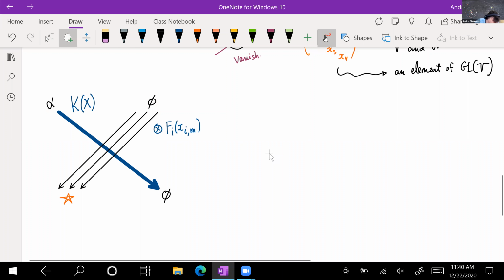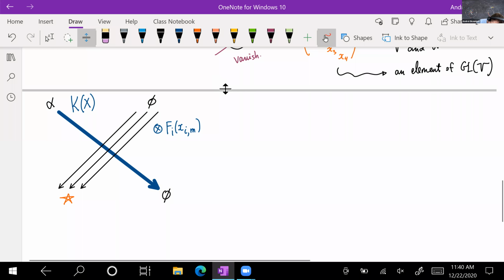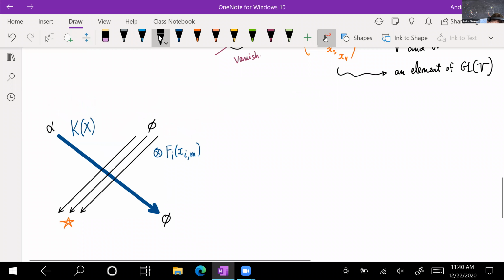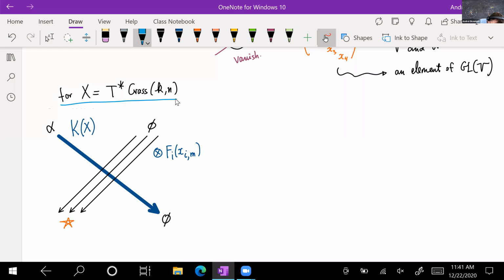So now for x equals T star of Grassmannian of k-planes in n-dimensional space. What do I want here?